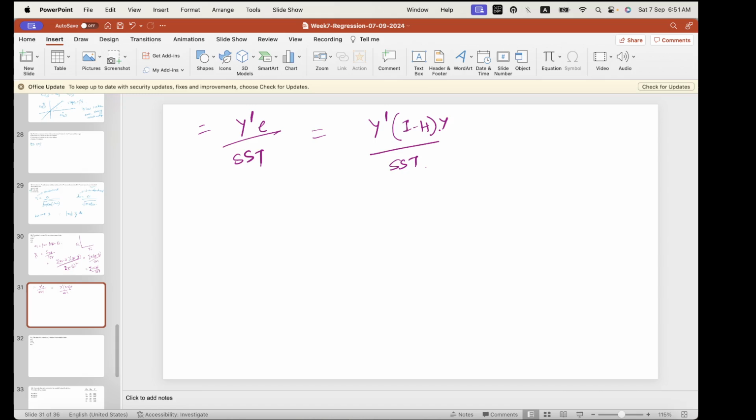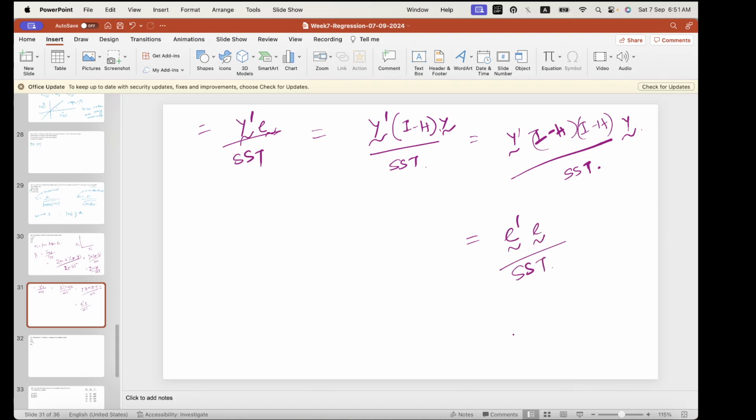Okay, since I minus H is also idempotent, we can write it as Y transpose I minus H into I minus H Y by SST. Since I minus H Y is E, we can write that as E transpose E by SST.